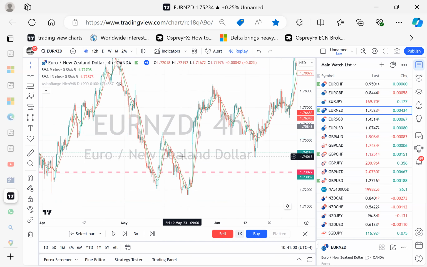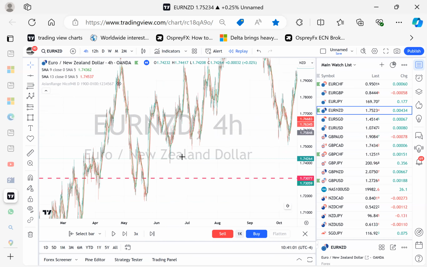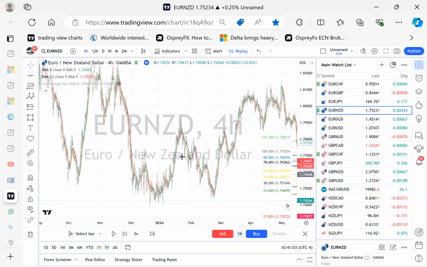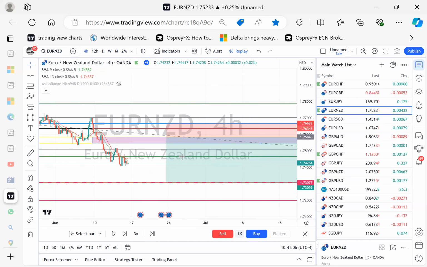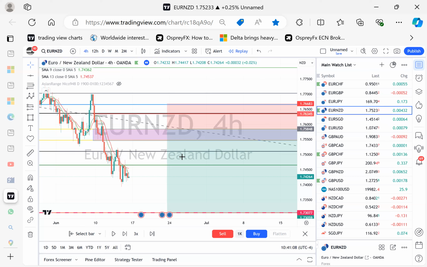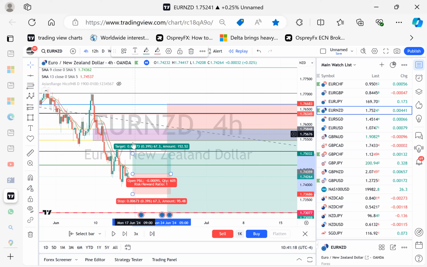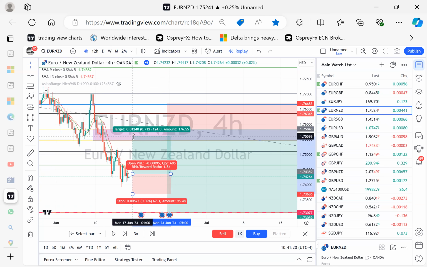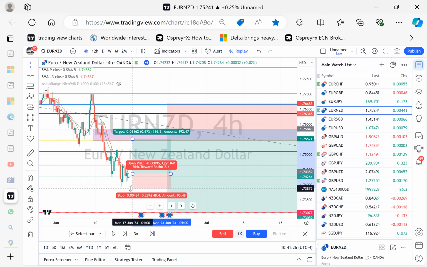That's what we're targeting. All right, my trade this week was from this level to this level. And we're going to hit play.